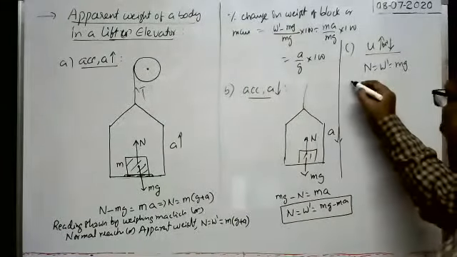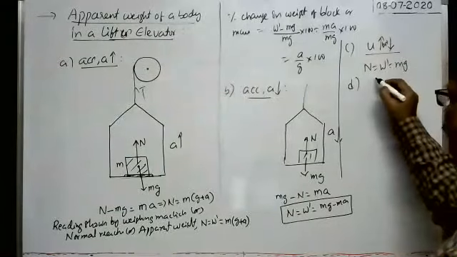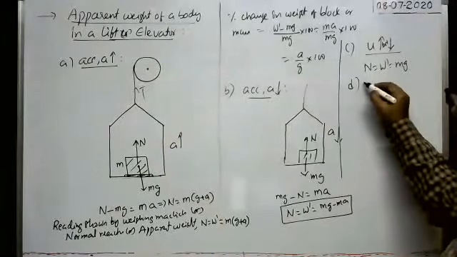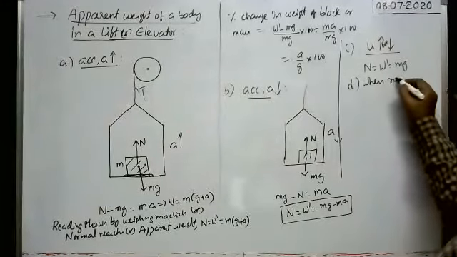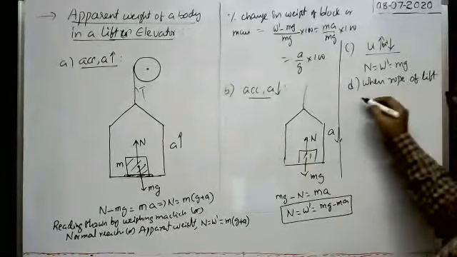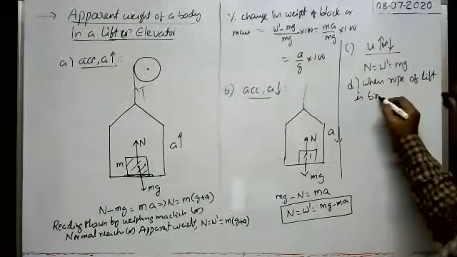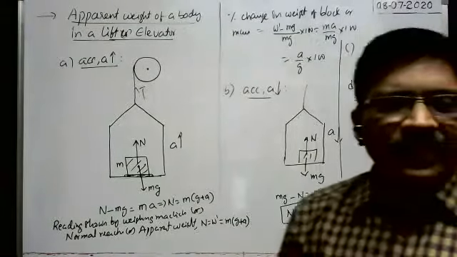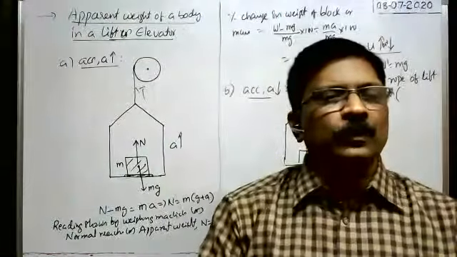Okay. Next, suppose the rope of the lift is broken. When the rope of the lift is broken, then the lift acts as a freely falling body.